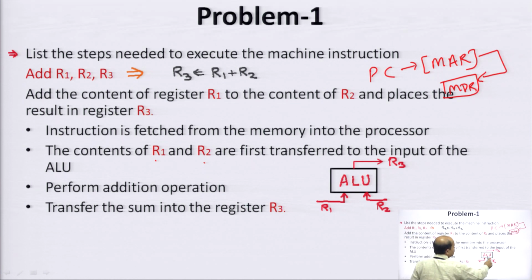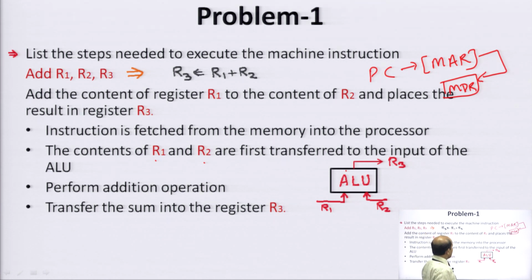This addition operation will be performed in the ALU, and the output of this, in terms of the result, will be transferred to the register R3. This way we can execute this instruction. So, these are the important steps to perform execution of this instruction, add R1, R2, R3.